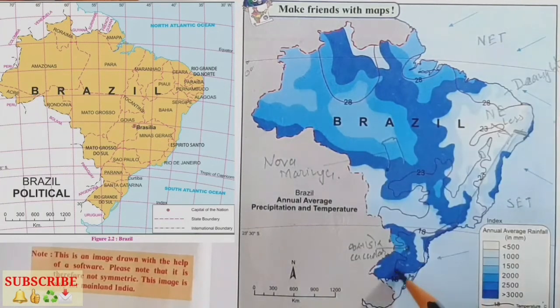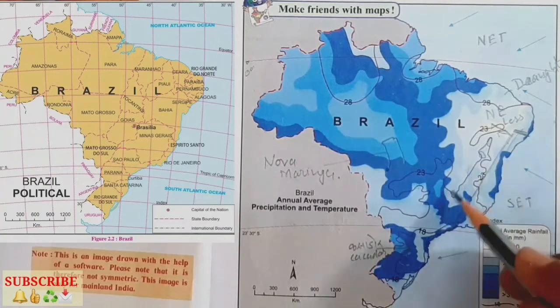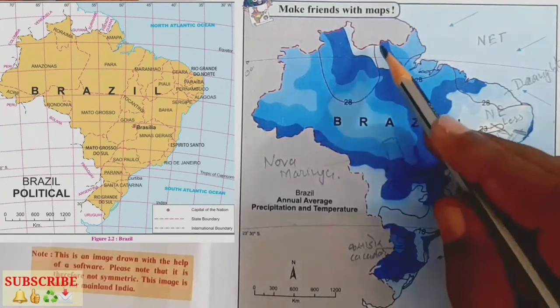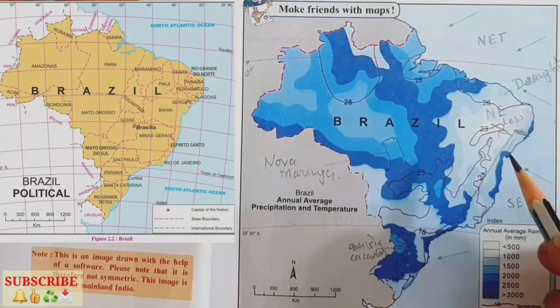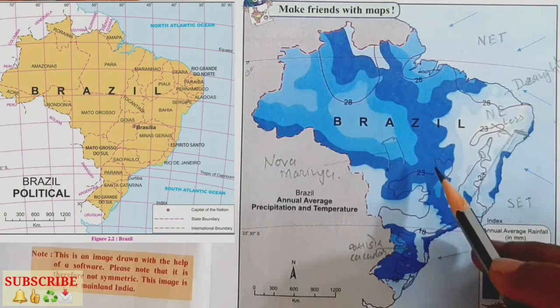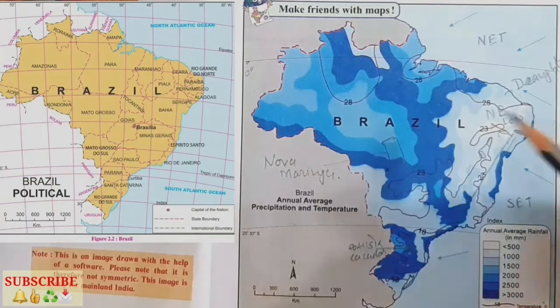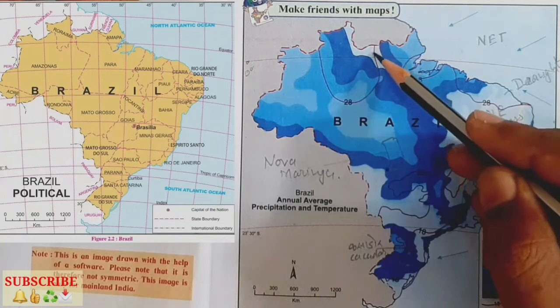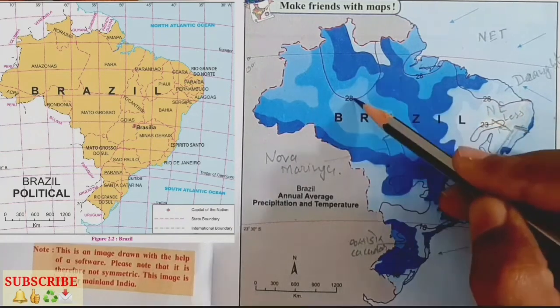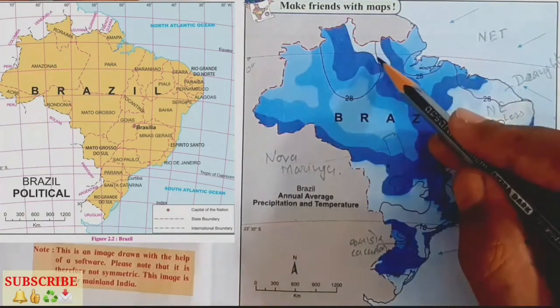Now you can see the pink lines here. These lines are called isotherms. So what is an isotherm? An isotherm connects the places which have similar temperature. It means that everywhere this line is passing, here we have 28 degree centigrade temperature.